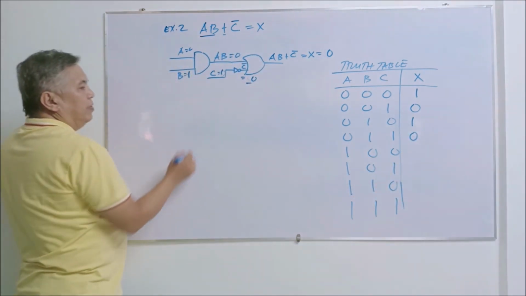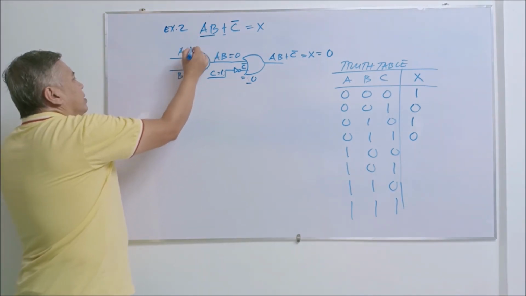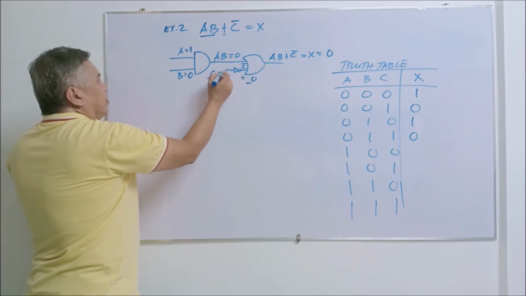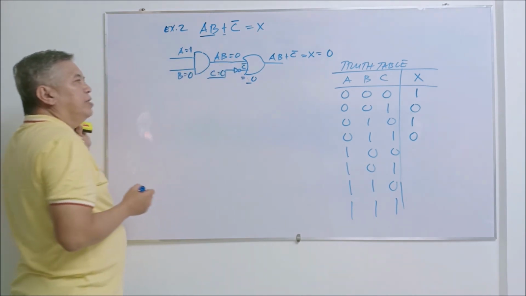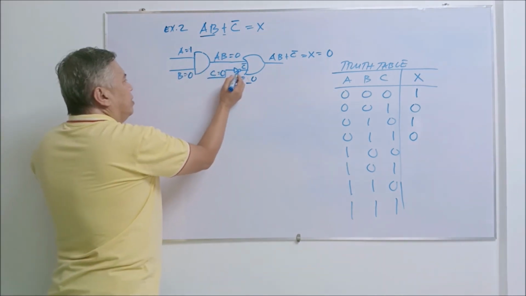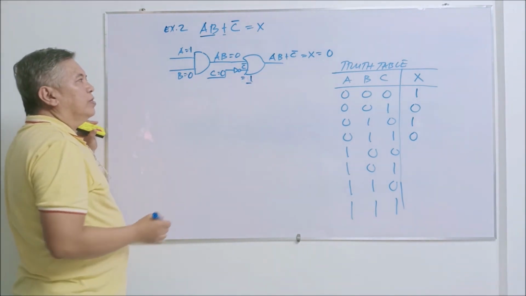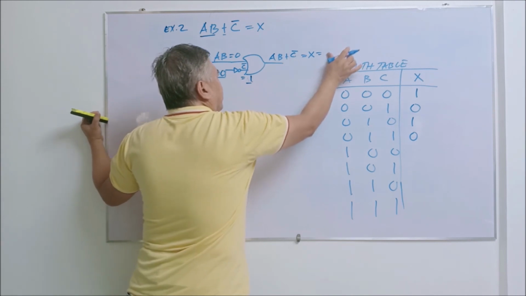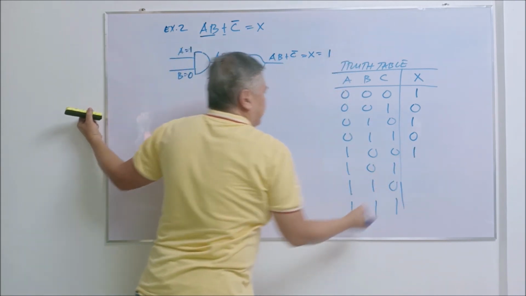Then you have 1, 0, 0. So you have 1, 0 again. A, B is 0. C is 0. Invert that, this becomes 1. So one of the inputs of your OR gate is 1, so the output here is 1.